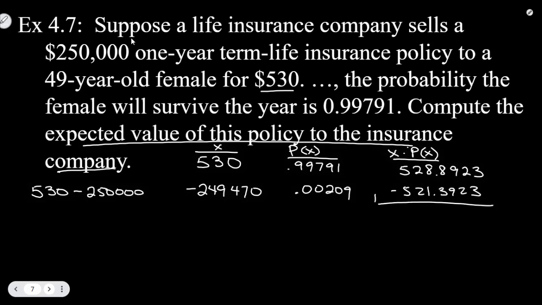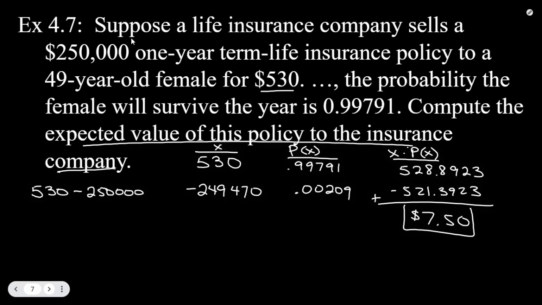Then we add these together, and since this is money, we get $7.50. So the expected value of that policy for the insurance company is $7.50.